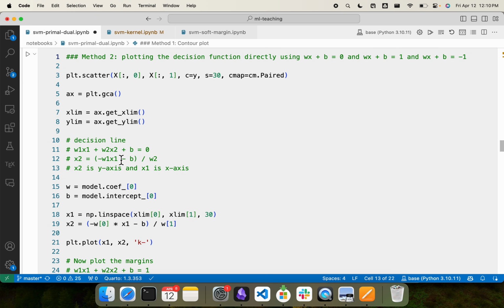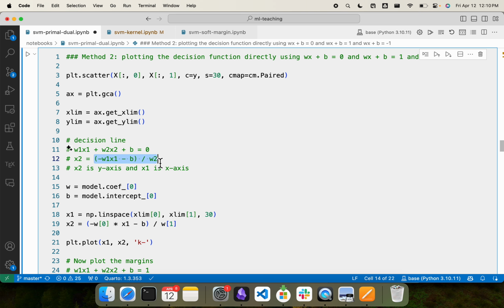We have w1 x1 plus w2 x2 plus b equal to 0. x2 is the same as y. So x2 is just minus w1 x1 minus b by w2. And this is what you need to write. So y equal to mx plus c, where m is minus w1 by w2 and my c is minus b over w2.